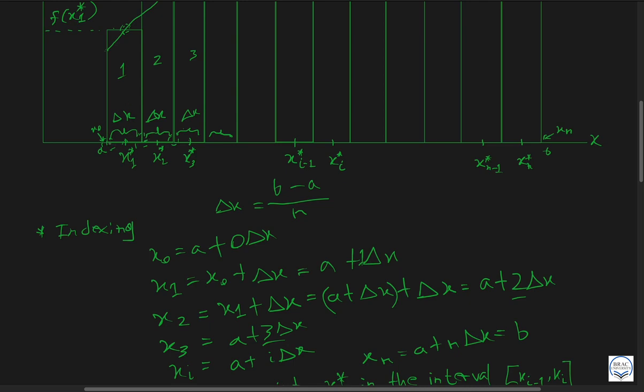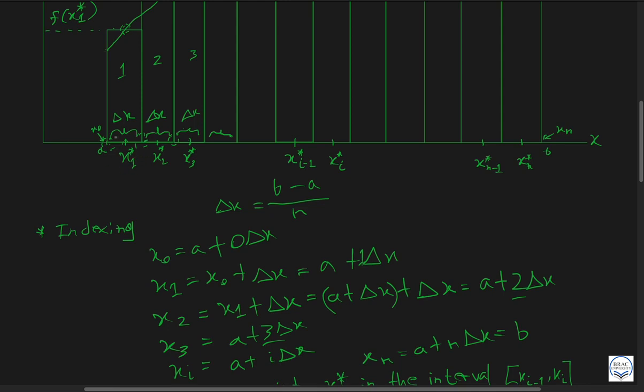For the first rectangle's height, we can take any x point within this line segment and evaluate the function at that point. But for consistency, in this lecture series, we have chosen to consider only the midpoint, and we'll label it as x star. So the first midpoint will be labeled x1 star, the second one x2 star, and so on.